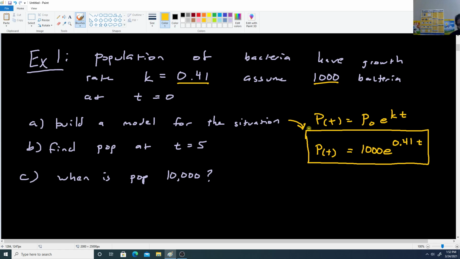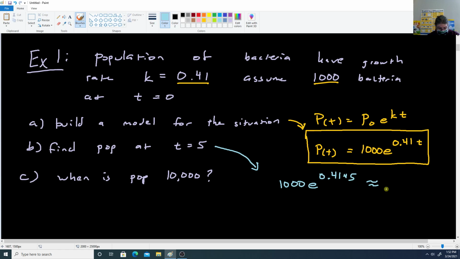For part B, they want us to find the population at t equals 5. We're going to have to use a calculator to get that. When t is 5, we plug in 5 for t right here. So we get 1,000 e to the 0.41 multiplied by 5. We'll see what that's about equal to.